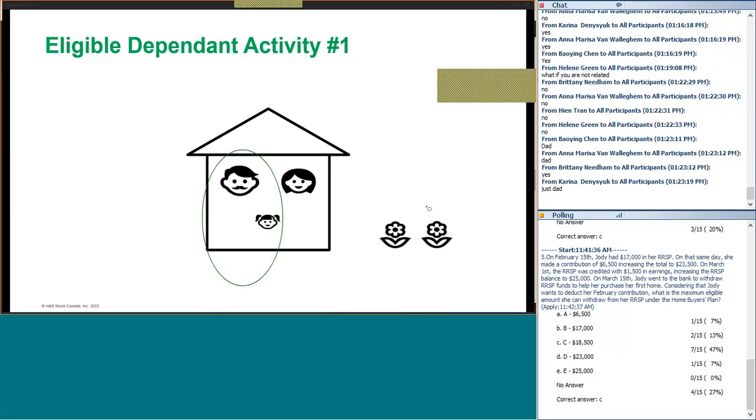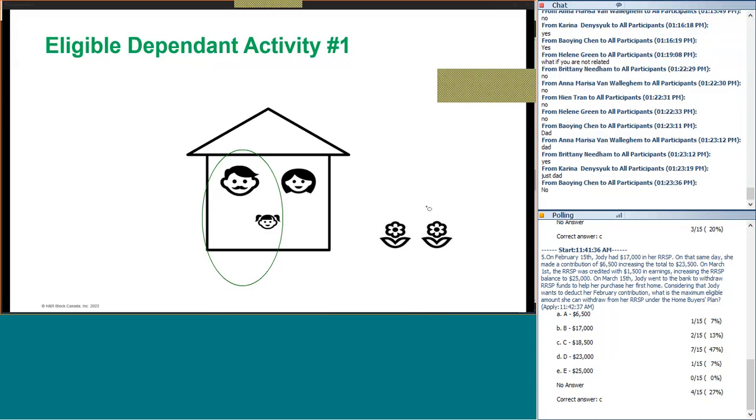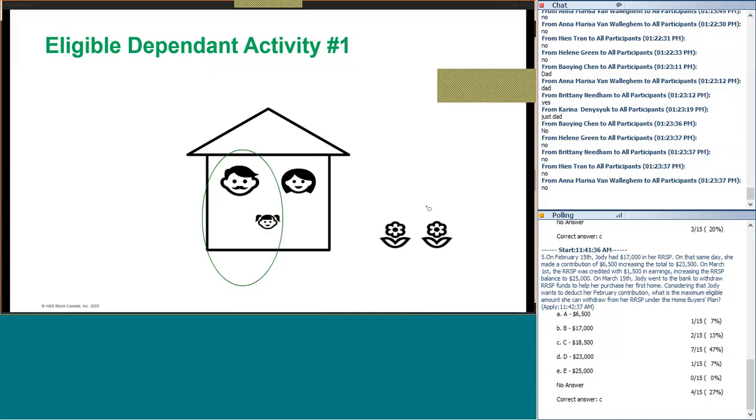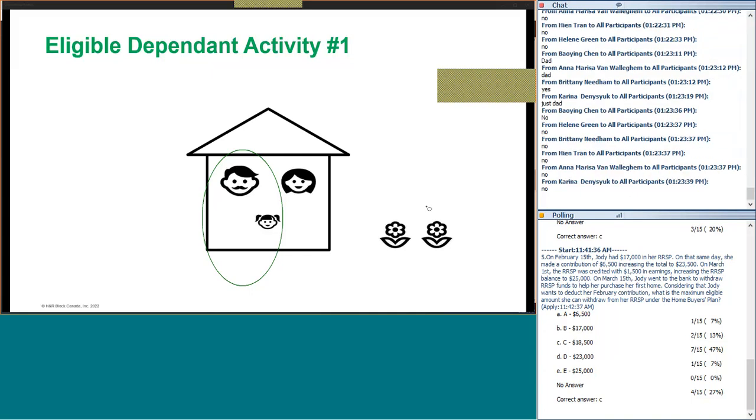Now, can he claim eligible dependent for the child and the spousal amount for mom because she has no income? Nope, he has to pick one. Good. So that example becomes very important because you're going to have to make a choice. You have two options. Pick the best one.